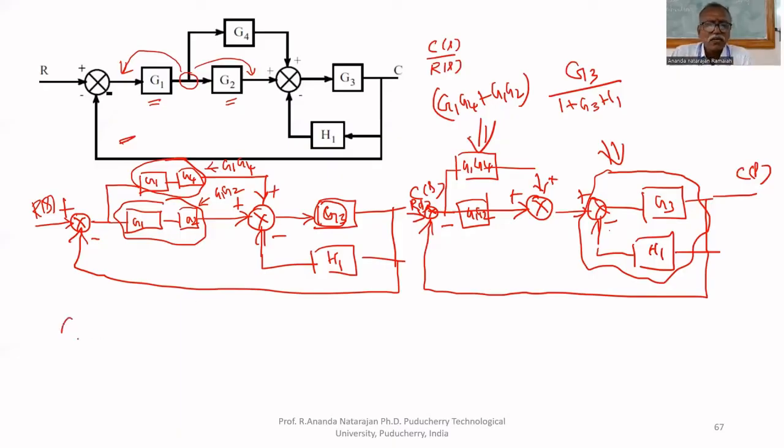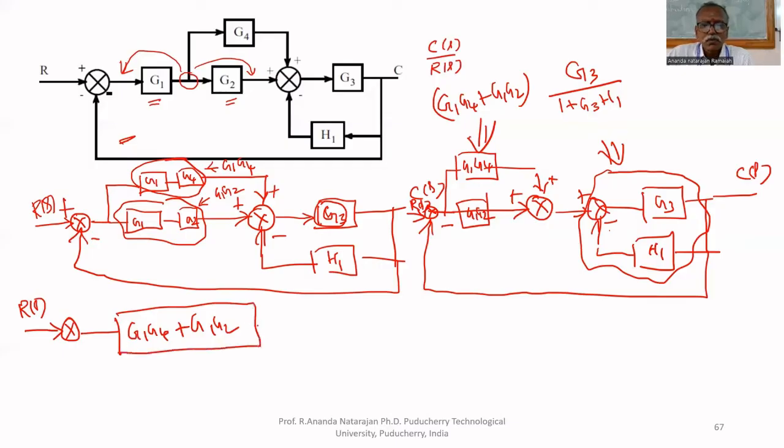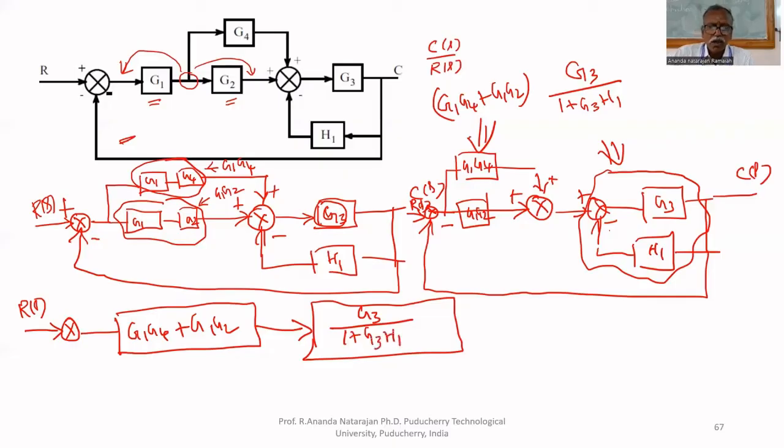So we can simplify the given block diagram as G1 G4 plus G1 G2, and it is given to G3 upon 1 plus G3 H1.